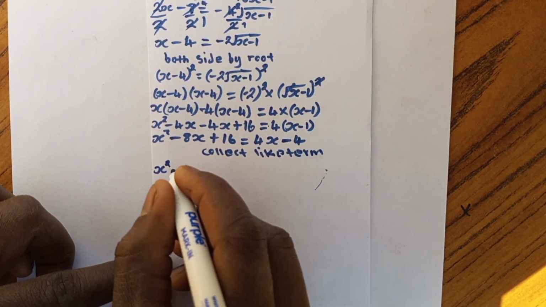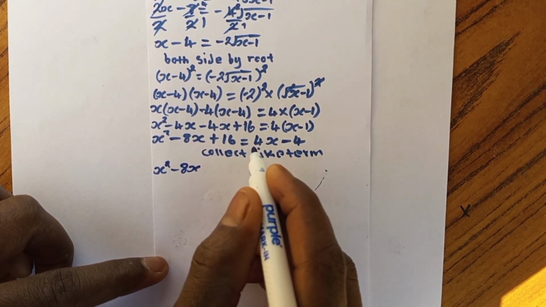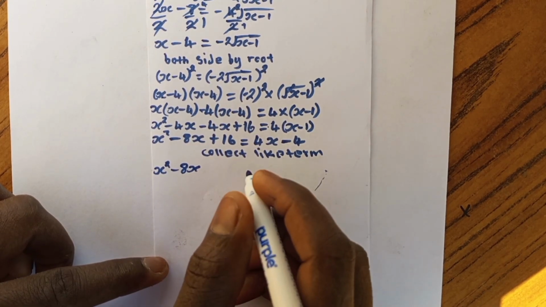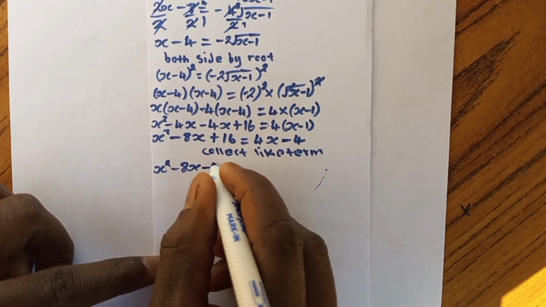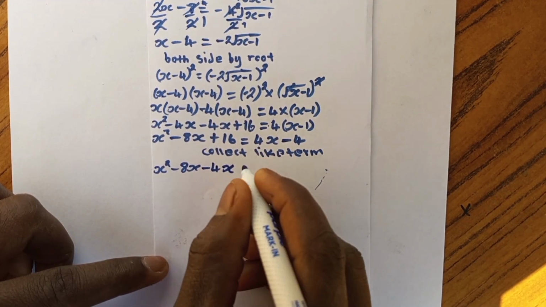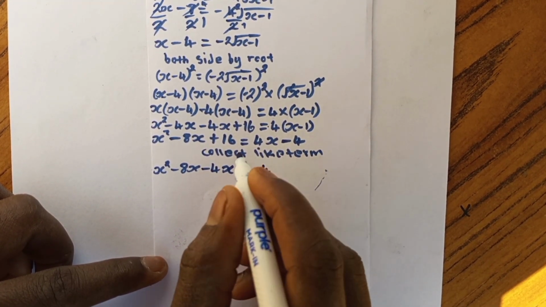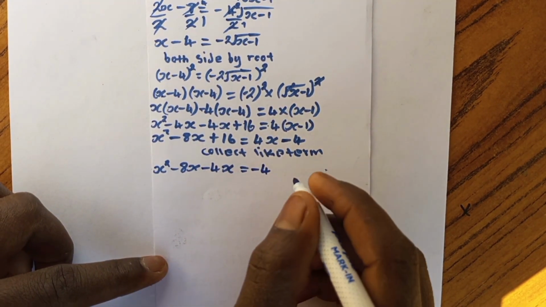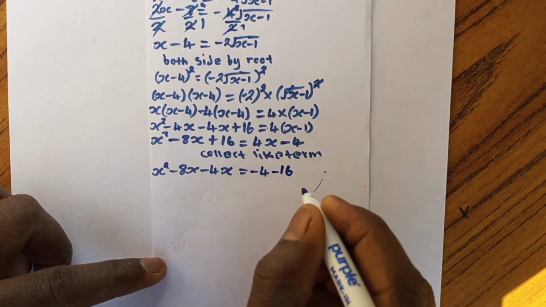No. We take minus 8x. Here is plus 4x. Cross the equals to sign, the sign will change from plus 4x to minus 4x. We say equals to minus 4. Here is plus 16. Cross the equals to sign, the sign will change from plus 16 to minus 16.